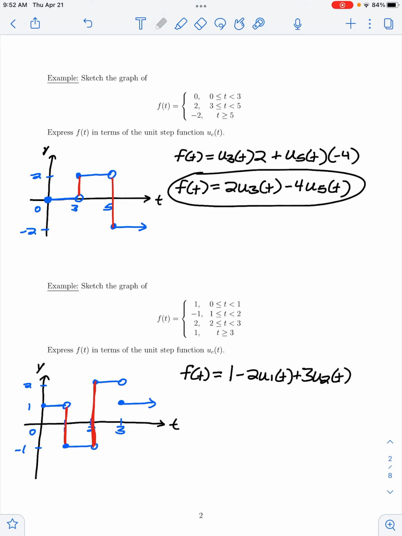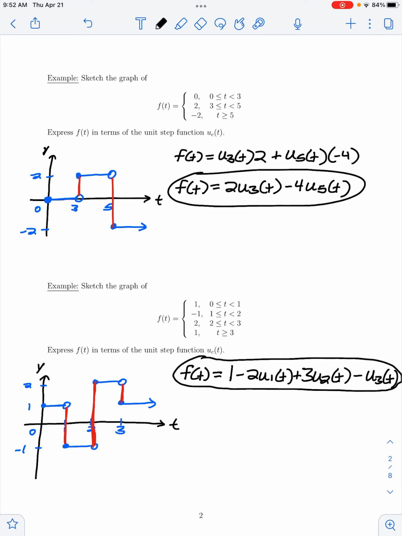And then at time 3, we had a unit step of negative 1. So I could subtract 1 times a unit function at time 3.